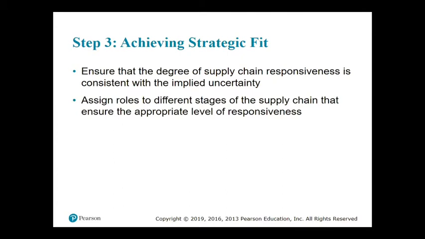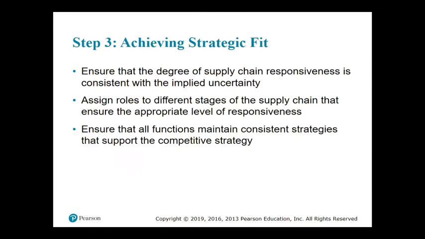If a mismatch exists between what the supply chain does particularly well and the customer demand, then the company will either need to restructure the supply chain to support competitive strategy or change its competitive strategy. Say, I want to actually serve this other segment of customers.